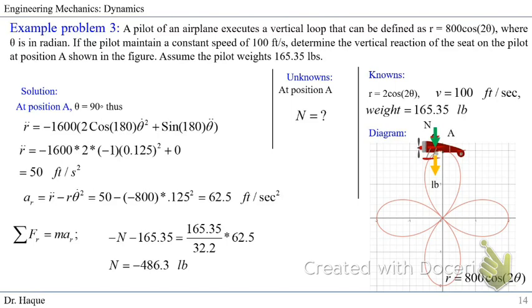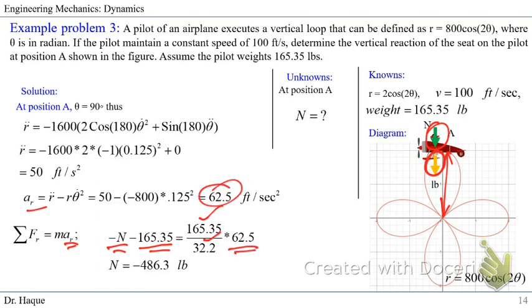One is the normal or vertical reaction of the seat towards the pilot, defined by the green arrow, and there is also the weight of the pilot itself. So negative N because it's downward, and the weight is also downward, so negative 165. Mass is 165 pounds divided by 32.2, that gives us the slug. And acceleration a_r we just found, 62.5, so we plug it there.